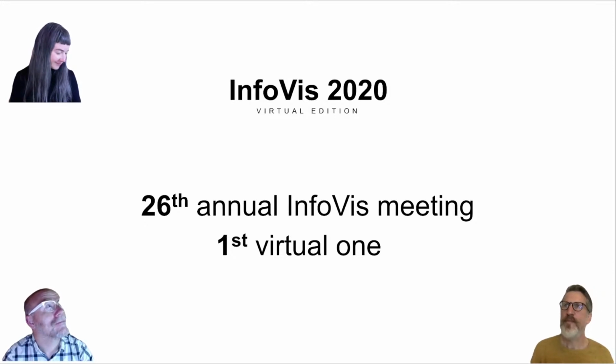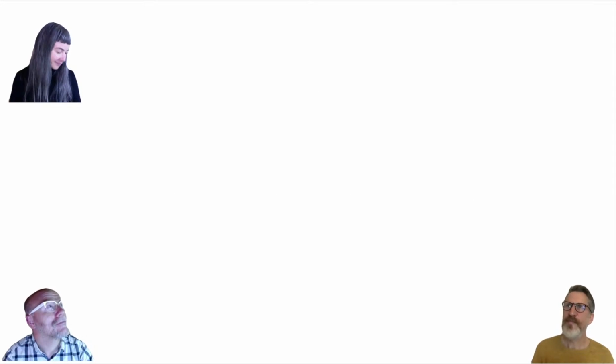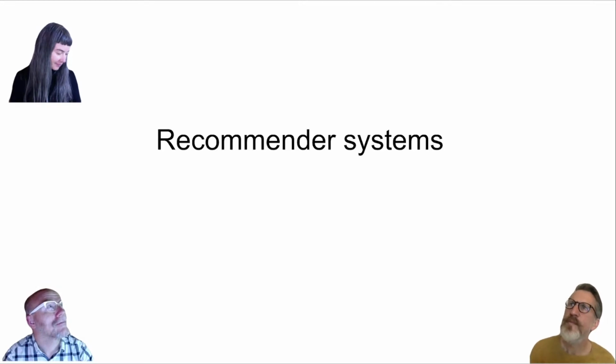So I want to give you a small flavor of the trend and growth in research this year. We see really a lot of growth in what we could call recommender systems, building from years of research in machine learning and AI, but also from all of the body of work on visualization design and to establish good practices.